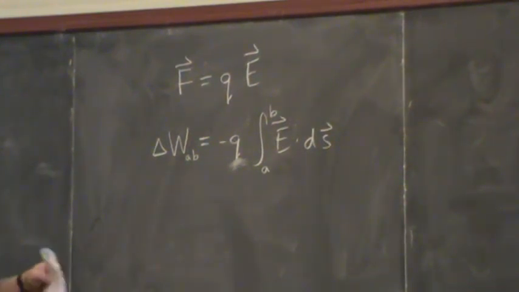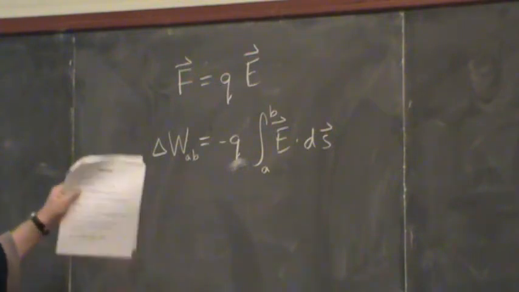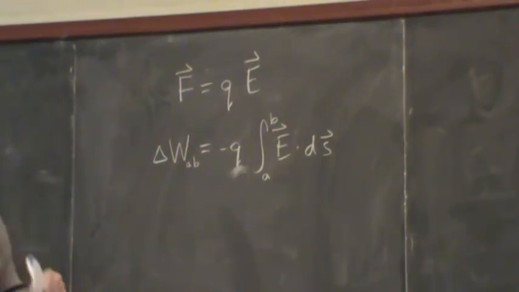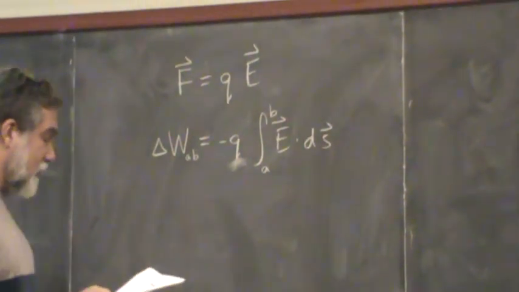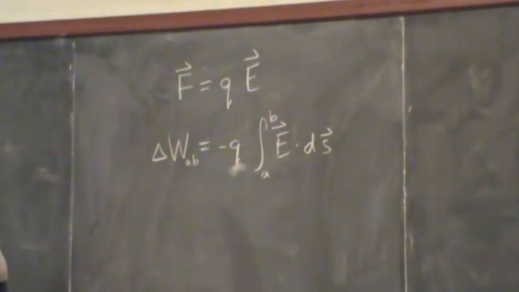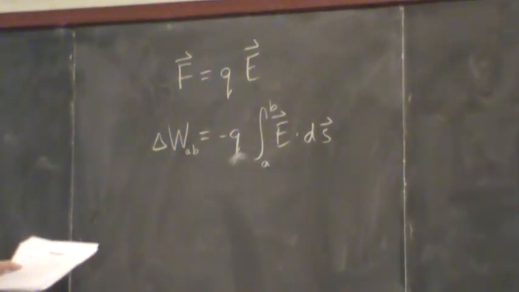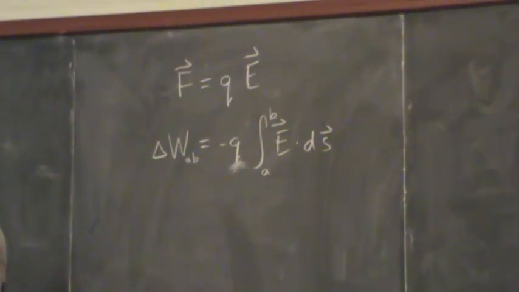I'm not sure whether I got the sign right, but I'll make sure when I write the definition down that I get the sign right. And I'm going to write the definition in a minute.